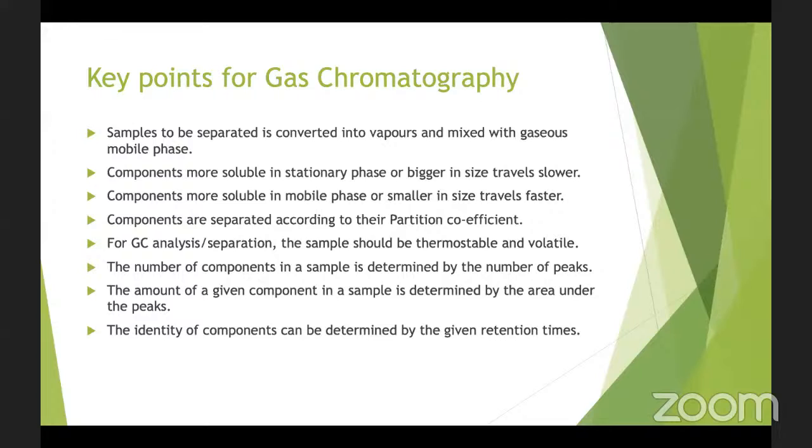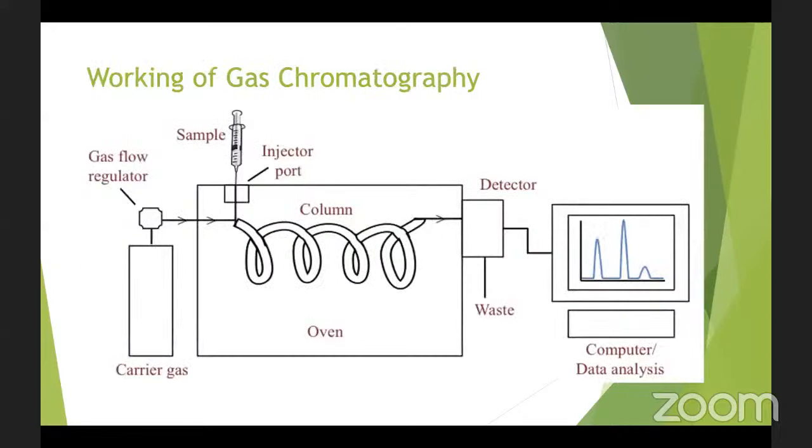Then the number of components in the sample is determined by the number of peaks. The number of peaks that you get on the computer determines the number of components that were mixed together to form the mixture. The amount of a given component in the sample is determined by the area under the peak. So how much amount was there can be calculated by calculating the area of this peak.